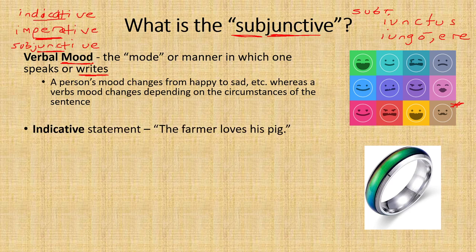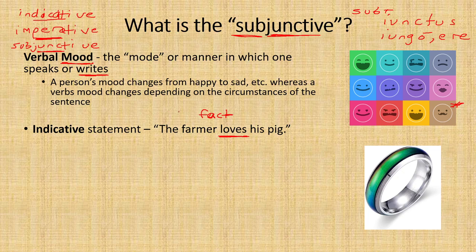Here's a quick example, in English, of an indicative statement: the farmer loves his pig. Our verbal mood here is just indicative. It's a statement of fact. There's no doubt inherent within this. It's just straight, complete, as it is.